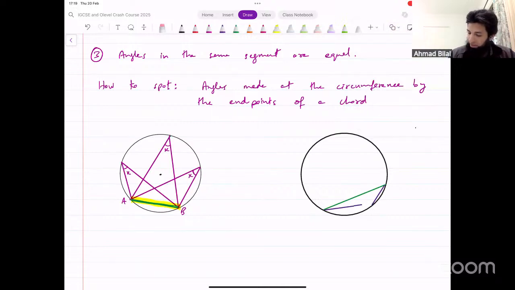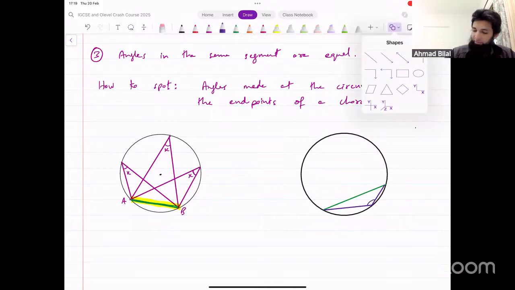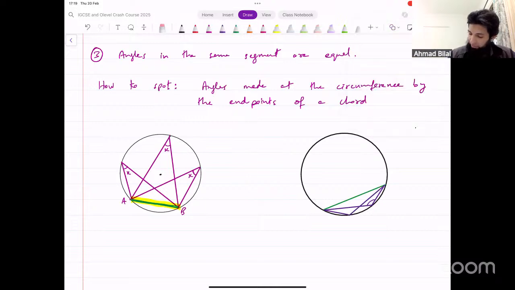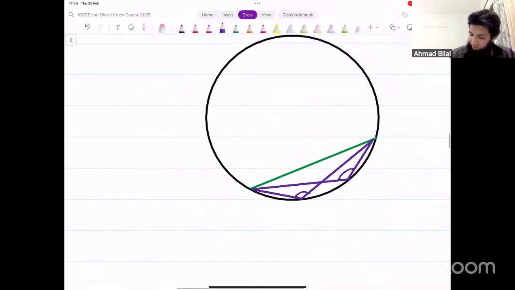So this chord's endpoints are making an angle here. This chord's endpoints are also making an angle here, let's say. These angles are also going to be equal to each other. So this small angle here and this angle here, these are equal to each other.